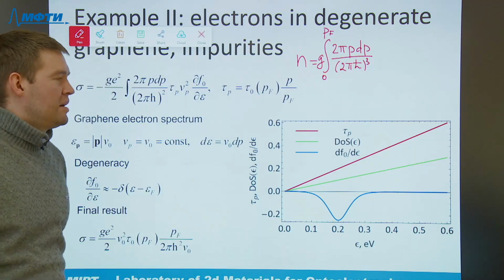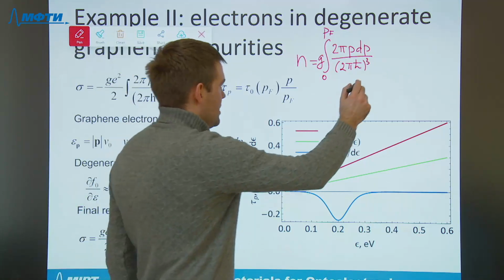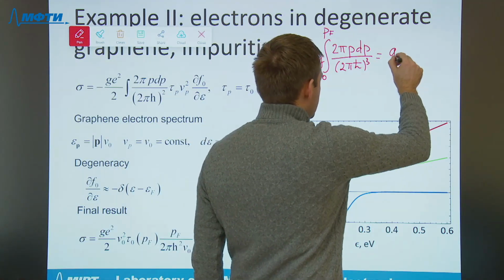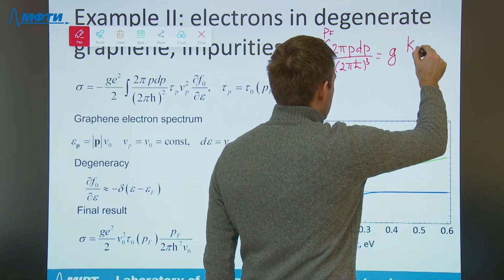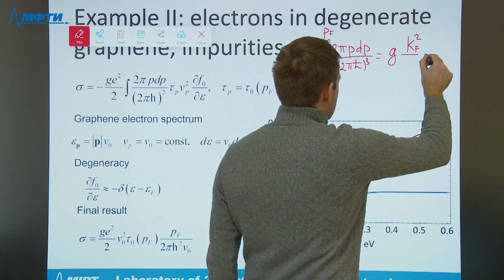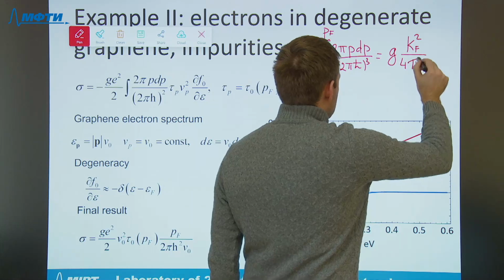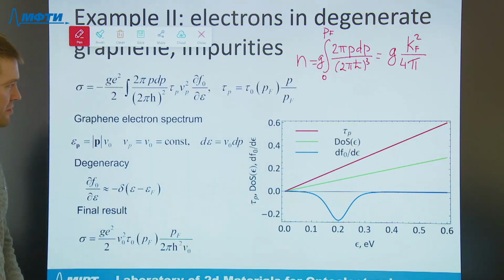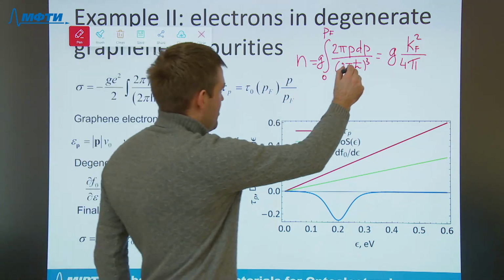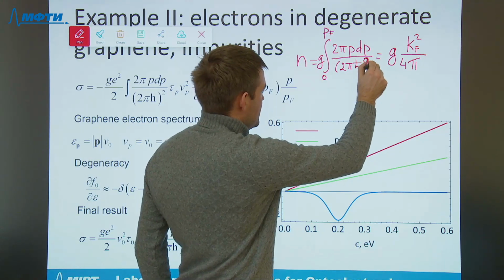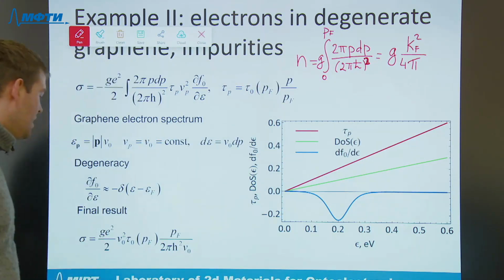And the result is very simple. It is the degeneracy factor multiplied by the Fermi wave vector squared divided by 4π. Sorry, the power of 2 is here because we deal with a two-dimensional sample.